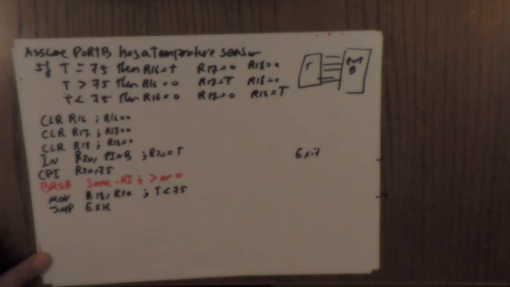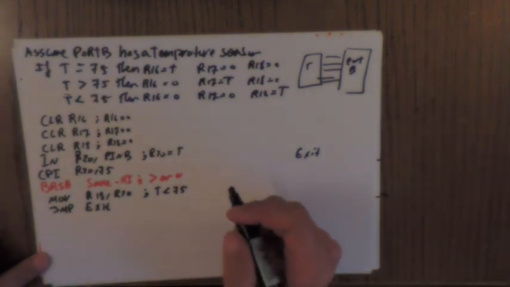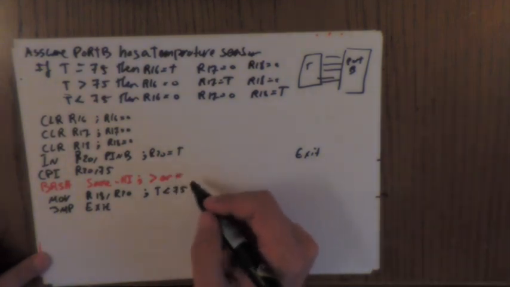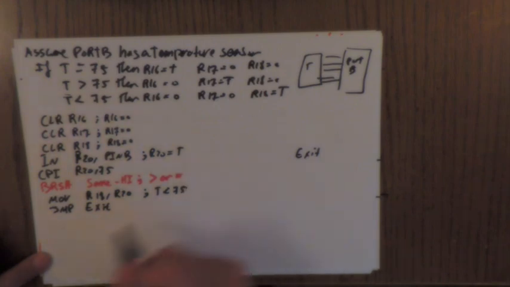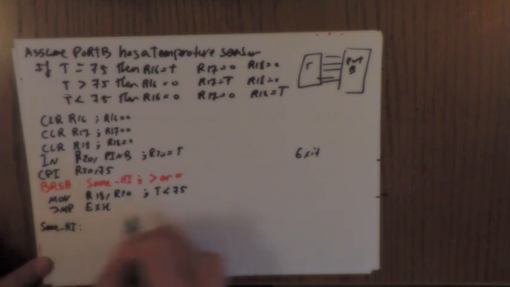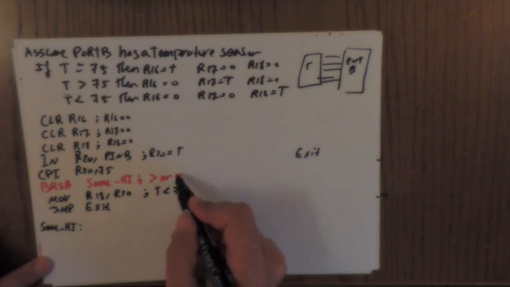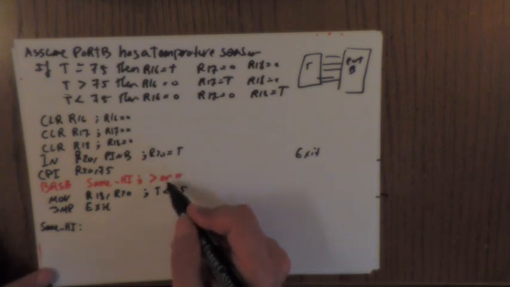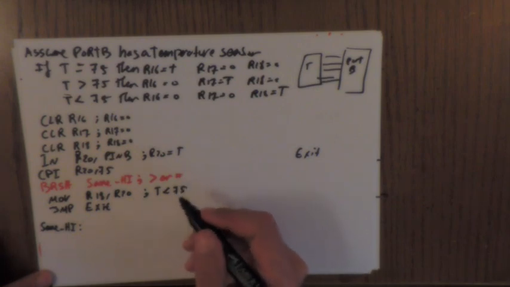Now let's say I want to continue, and what are the two cases? The two cases are here, same or higher. Okay, so if it is not less, this means it's greater or equal. So now I will test for equal.